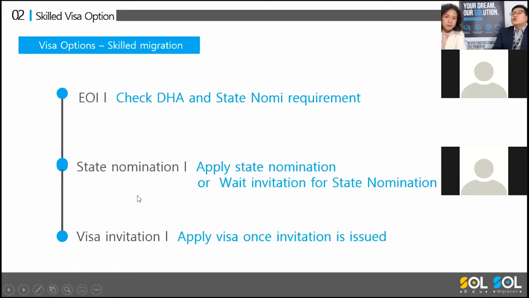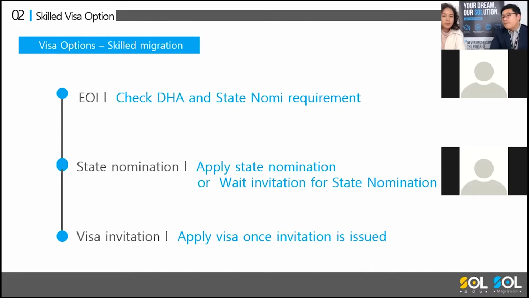Some states will see your EOI and then pick you and ask you to apply for state nomination. But some states don't pick; you must apply first and they will consider. So each state has a different way to process state nomination. You should get the exact information from a professional or from the state nomination website.